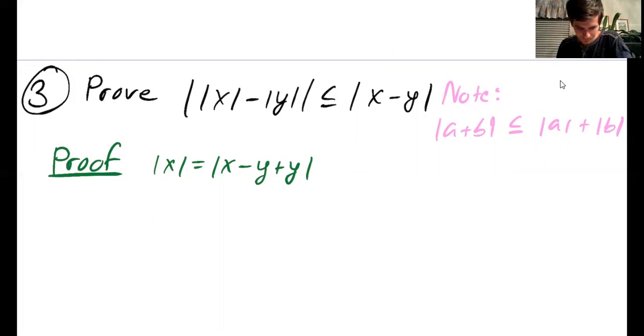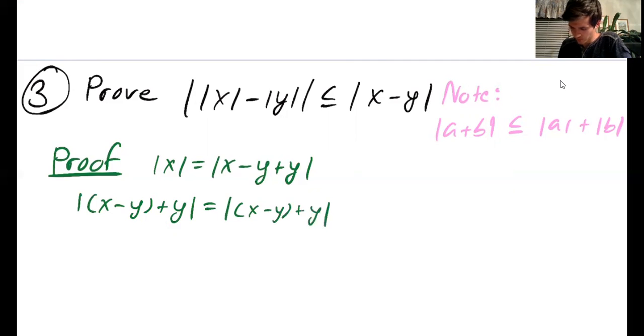And then we're going to use the fact that this is equal to the absolute value of x minus y plus y. So we're literally saying that the same thing is equal to the same thing. That's also going to be important.